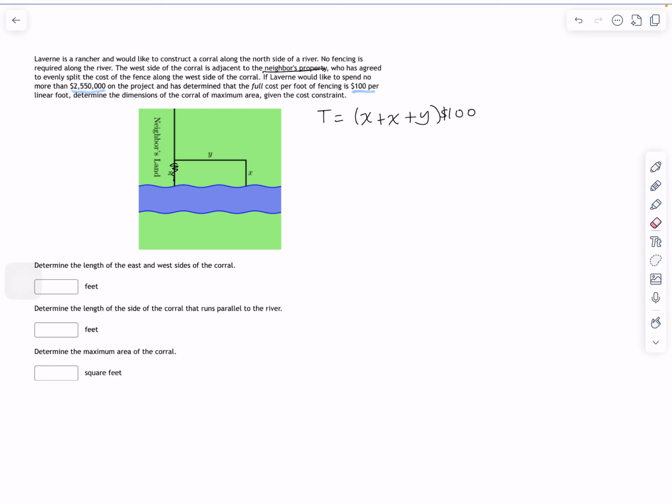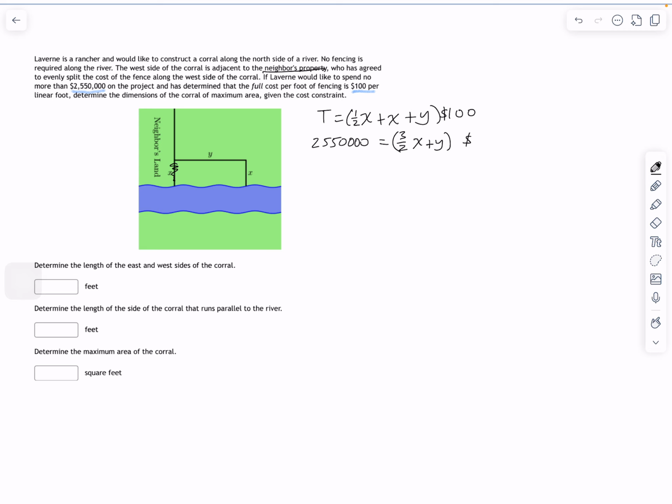So this side here is going to be half the price. So let's go ahead and edit this one real quick, and we'll put the 1/2 here, because that'll be half the cost. Okay, so we have the total cost, 2,550,000, is equal to, we can add those together, 3 over 2 x plus y.